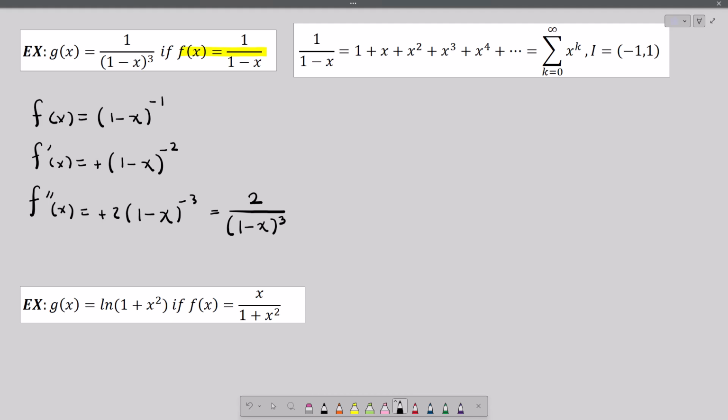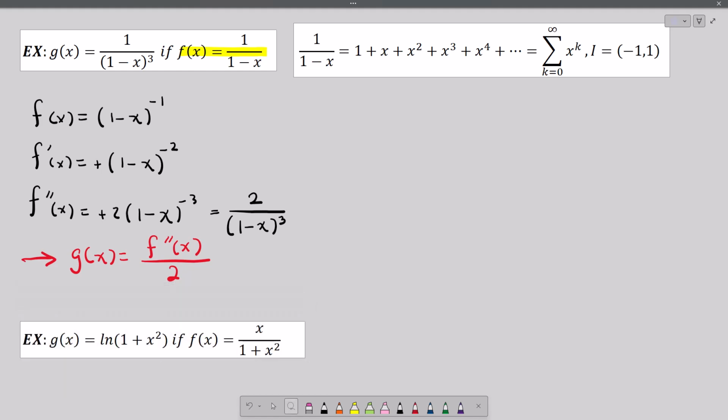So how do we get to g from f double prime? g will equal f double prime divided by 2. If we take f double prime and we divide out the 2, don't we get exactly g? Everyone agree with that? All right, so this is our template now. Find f, derivative, divide by 2. That's what we're going to do.